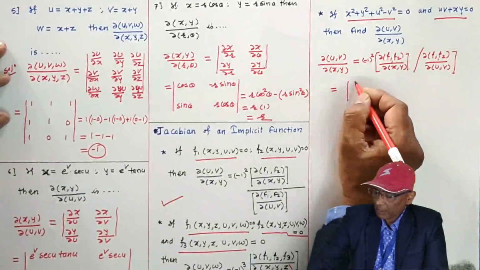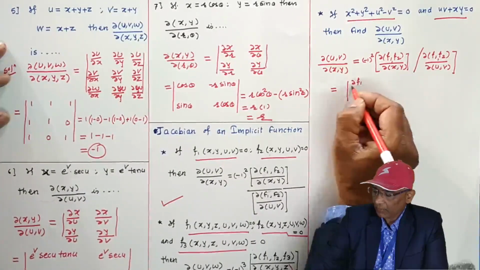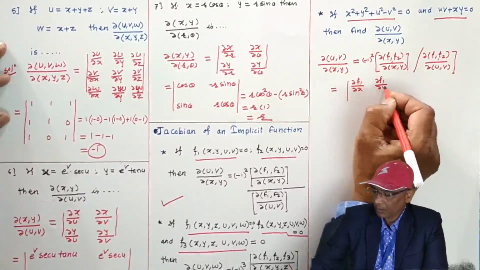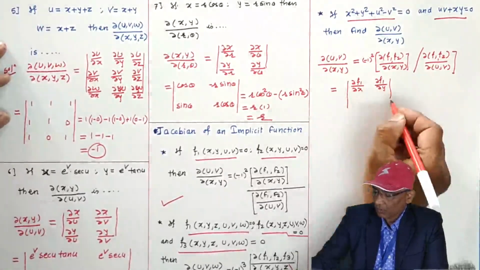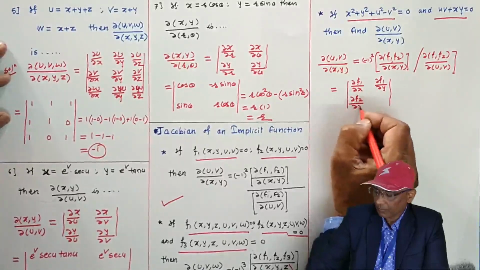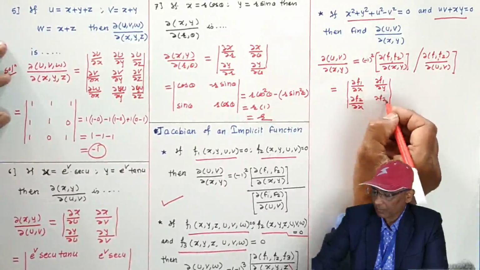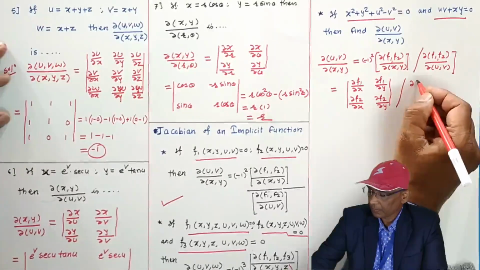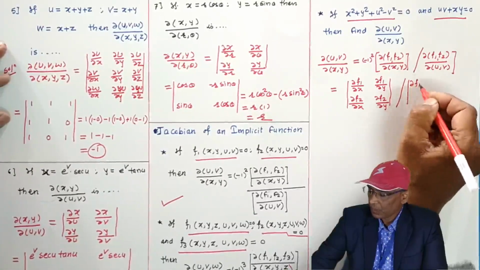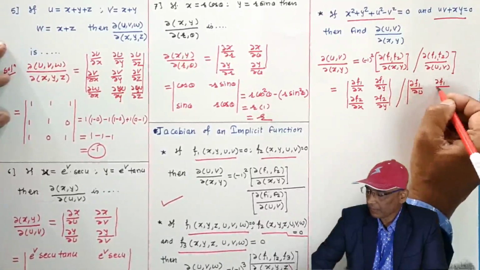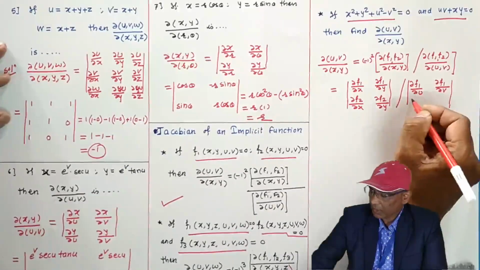Now this determinant is what? First row for f1, second row for f2, and again first row for f1 and second row for f2.